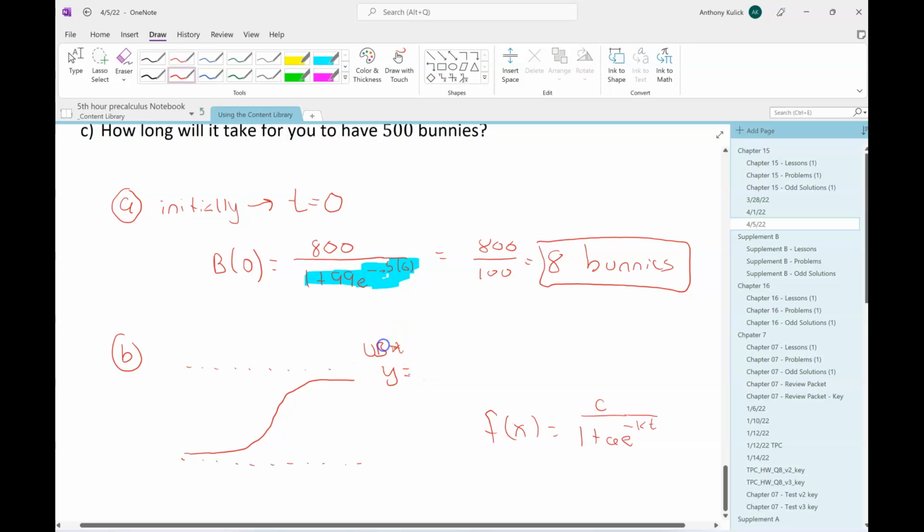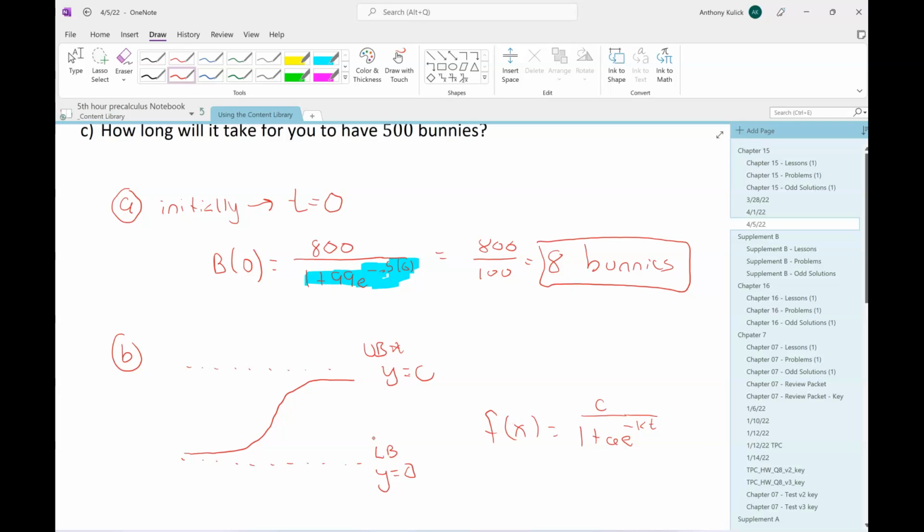The upper bound is just y equals c. And the lower bound, does anybody remember that one? Zero. If you think about it like it's measuring a population, what's the minimum population you could ever have? Zero, right? You can't have negative things, right?